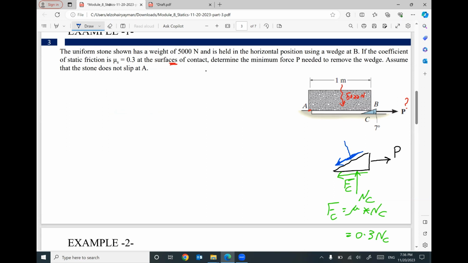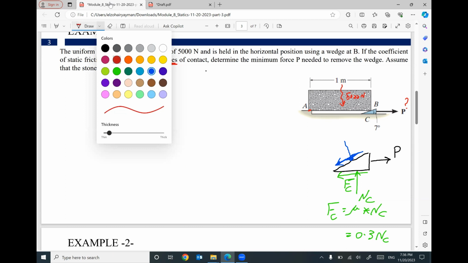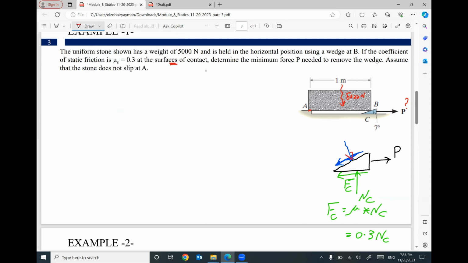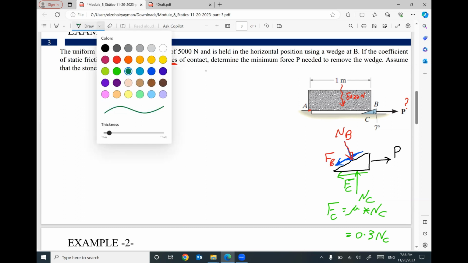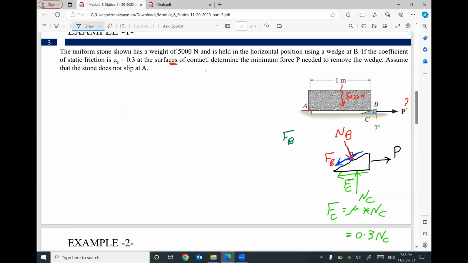And I have a normal force perpendicular to the surface of contact. It looks like this direction, capital N at B, and the friction at B. Keep in your mind also, this friction at B will equal mu times capital N at B, which equals 0.3 NB.